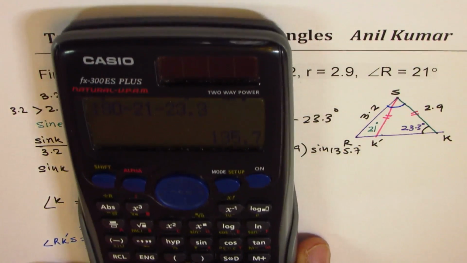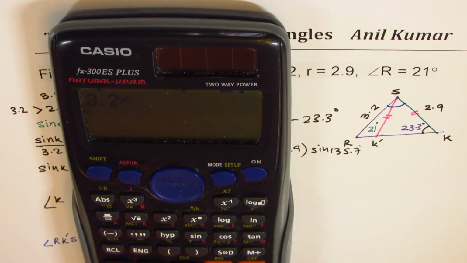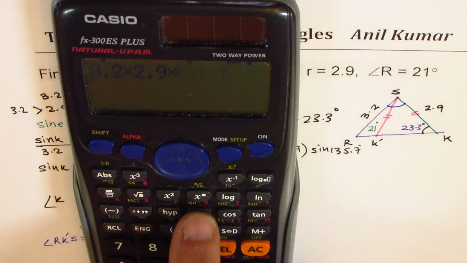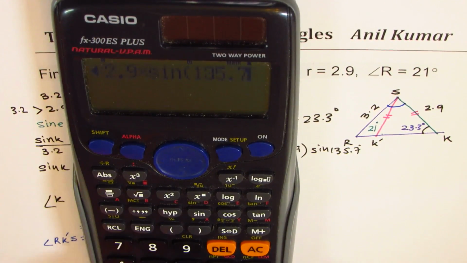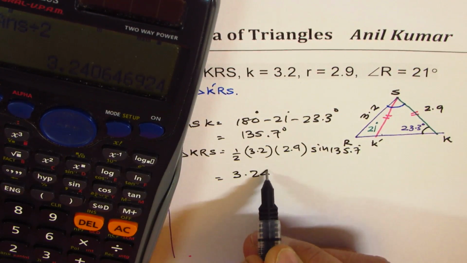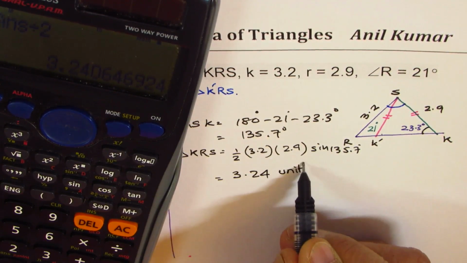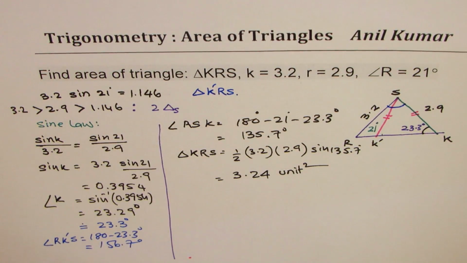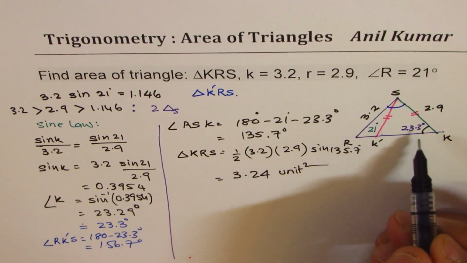Let me multiply these two, 3.2 times 2.9 times sine of the angle, which is 135.7, sine of 135.7, and we'll divide this by 2, equals 3.24 unit square. Correct? So that becomes the area of the bigger triangle.